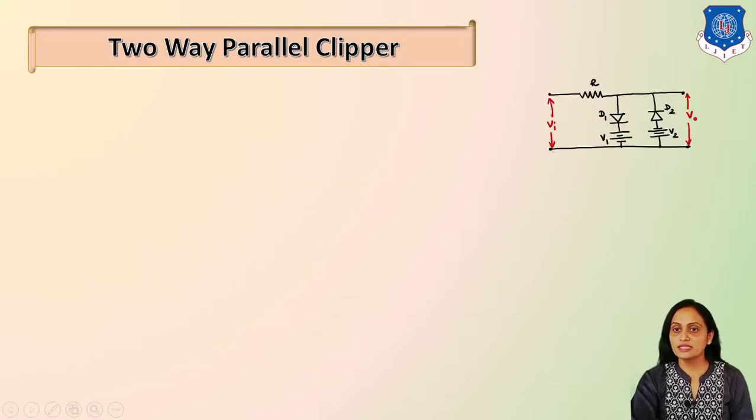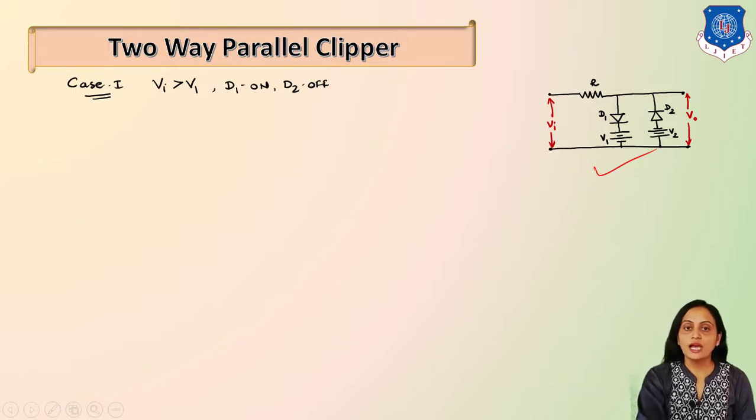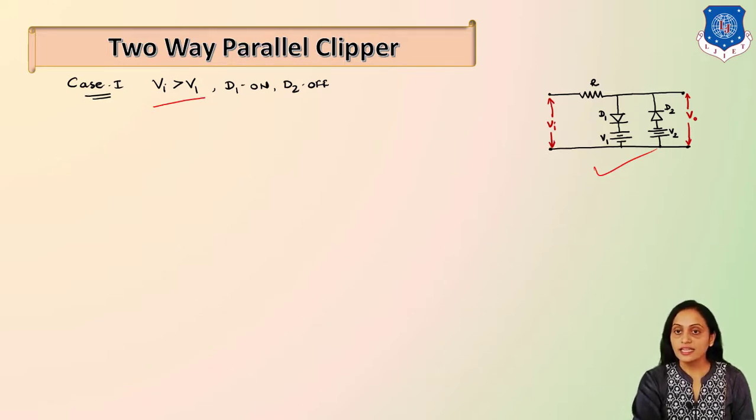So for reference, the two-way clipper circuit is shown over here. Let us consider case 1, where Vi is greater than V1. We had already seen in the previous slide that if Vi is greater than V1, then diode D1 is on, because the anode of this D1 is at a greater potential than the cathode, as it is greater than V1.